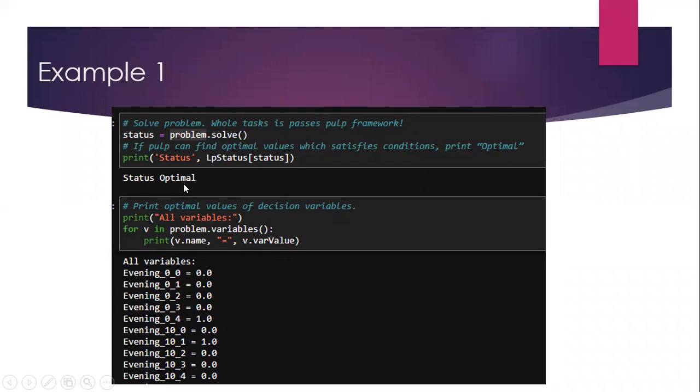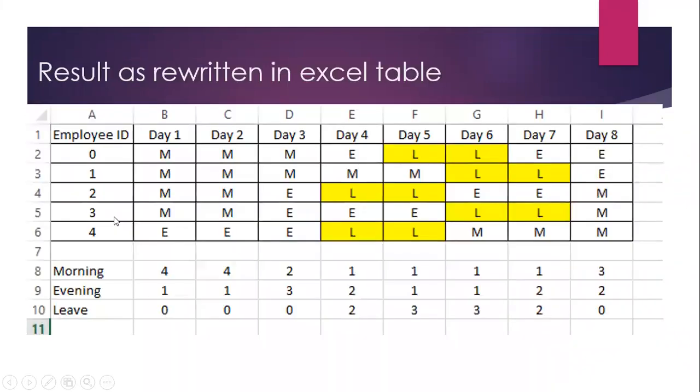So the status is optimal, and this is the printout of variables. If we decode the labeling of variables in the Excel file, we see that these are our employees. We have a total of 5 employees as ID 0, 1, 2, 3, 4. I have just tabulated the first 8 days of 31 days, and we can see that the first employee gets two consecutive offs on day 5 and 6.